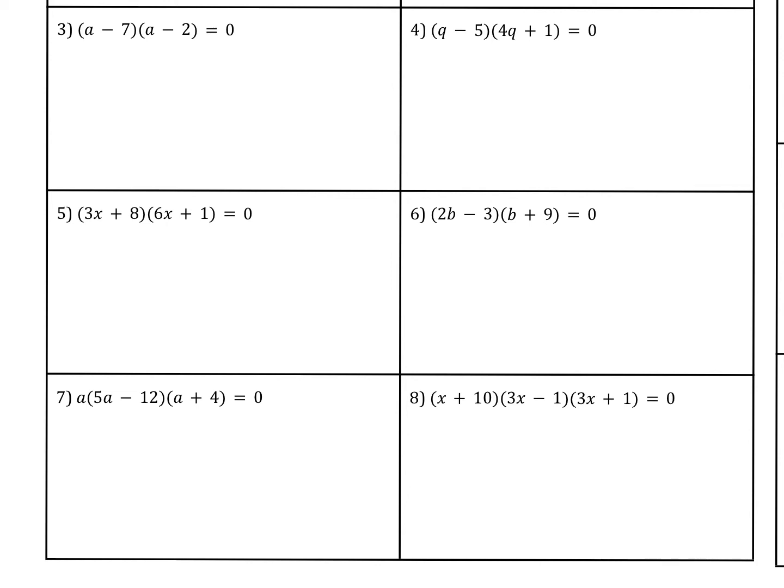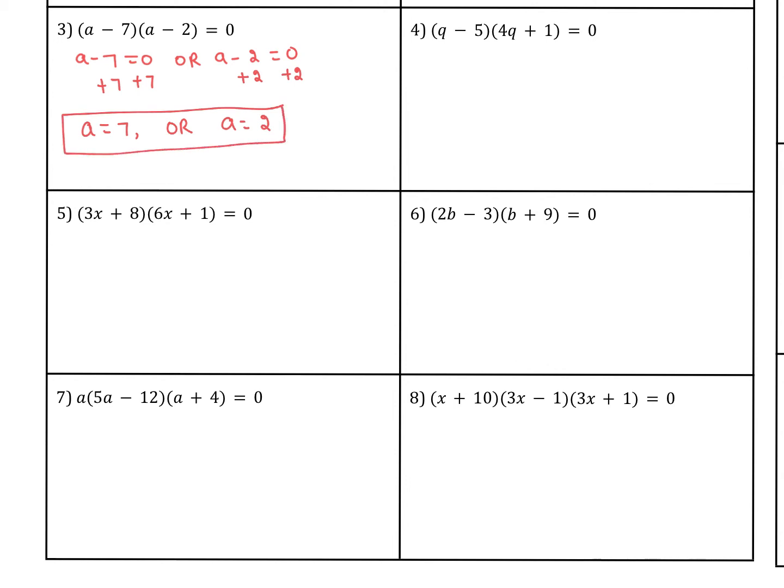Similarly, for question number 3, you're going to put a minus 7 equals 0 or a minus 2 equals 0. Solve for a, you're going to add 7 on both sides. You got a equals 7, or when you add 2 on both sides, you get a equals 2. So a equals 7 or a equals 2.